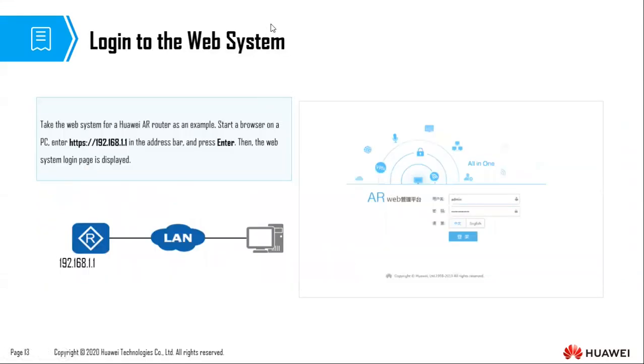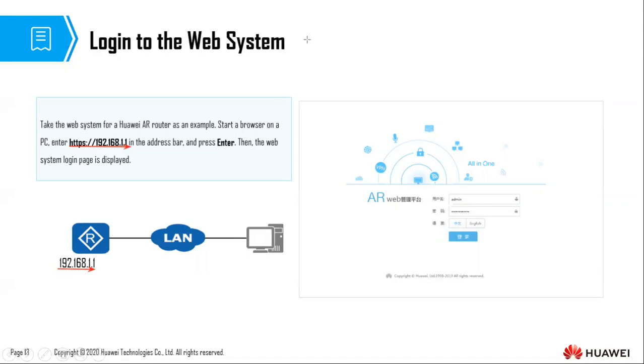Okay, so how to log into the web system? For example, if the address of your router is 192.168.1.1, then you simply start your browser, enter that on the address bar, and press enter.